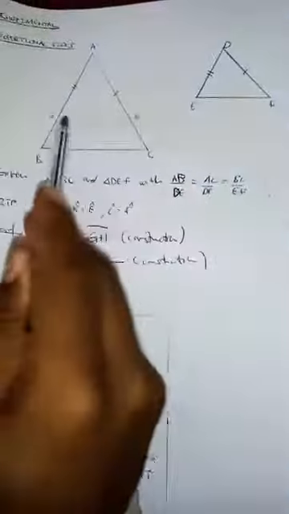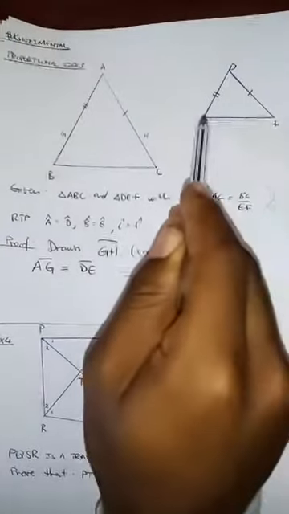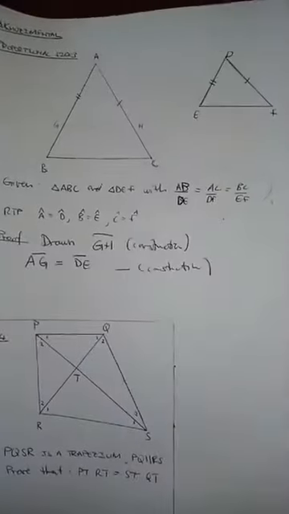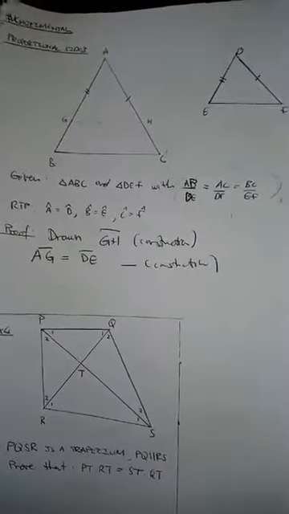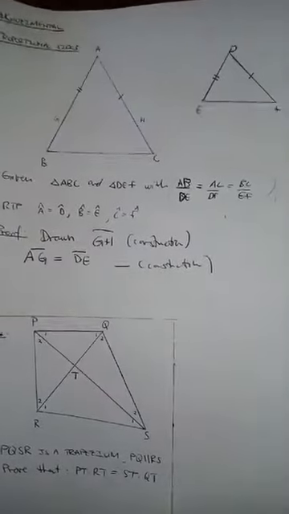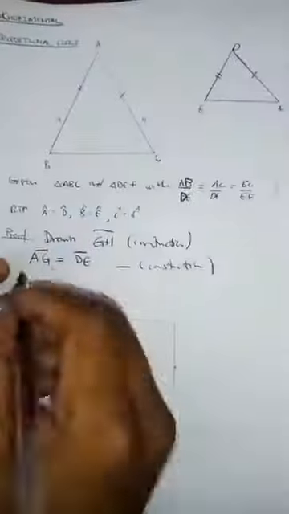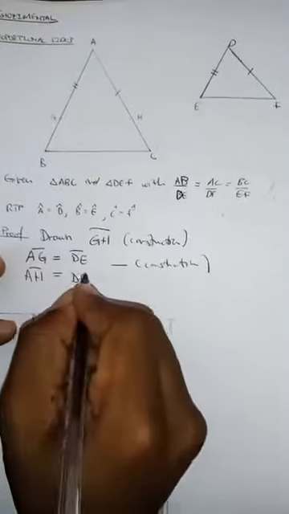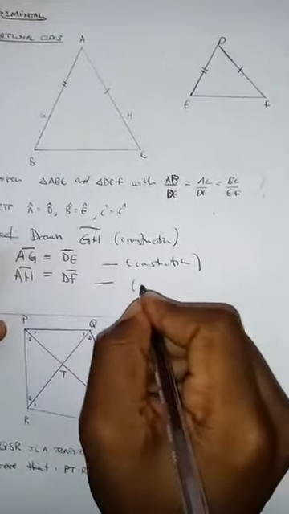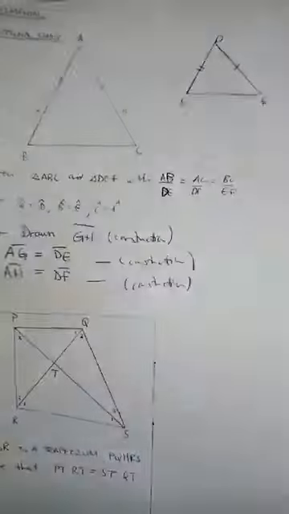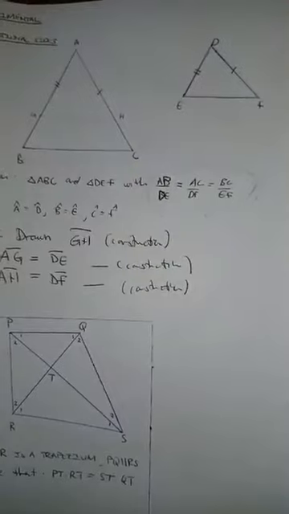So we construct GH such that AG is equal to DE. So we move on. What else do we know? We know also that AH is equal to DF. This is also by our construction.